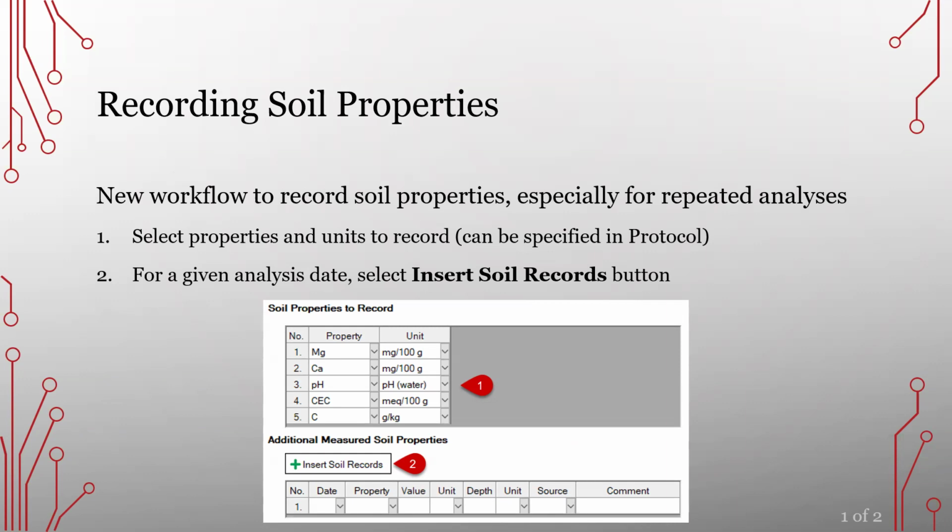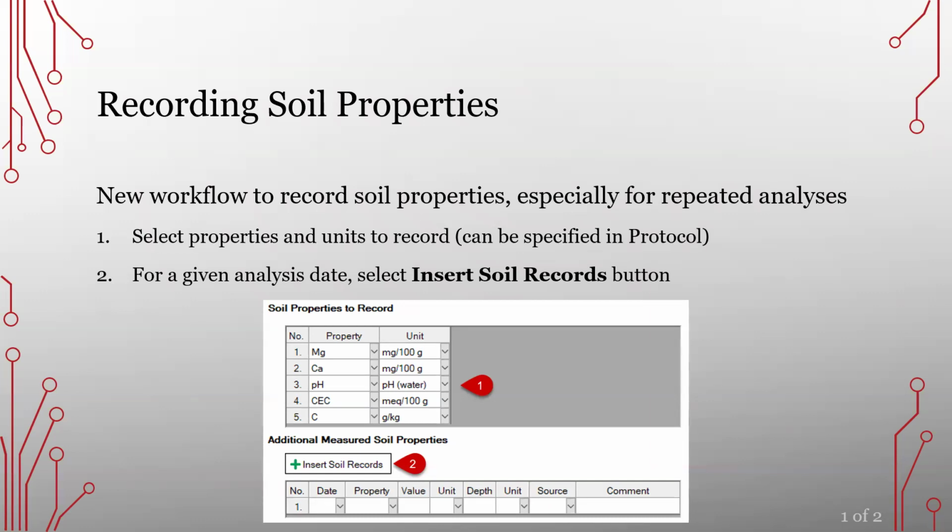And for each of those samples, I have a collection of items we're wanting to record. So you're going to end up with a lot of different records in that table, right? So we wanted to find a balance and find a way to simplify that process of putting in all of the data. So this is what we came up with, this table for soil properties to record.